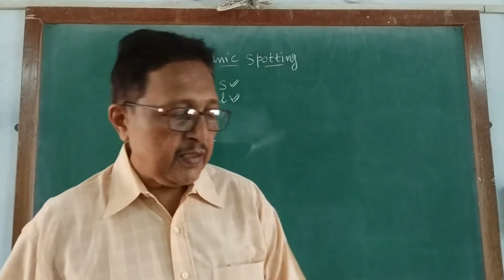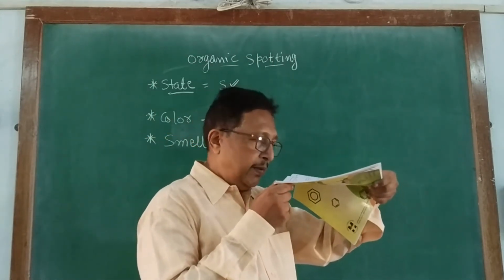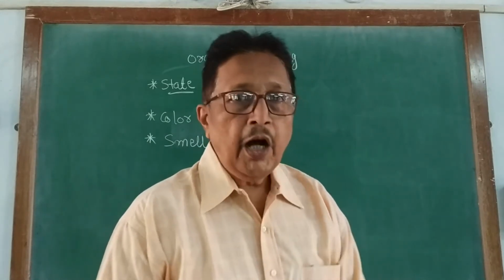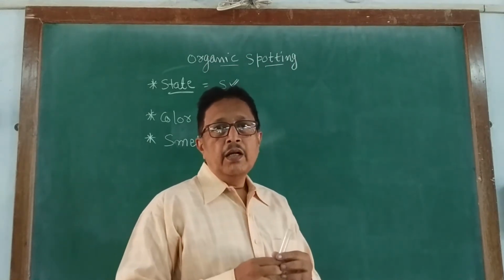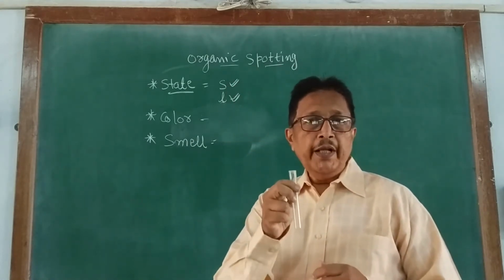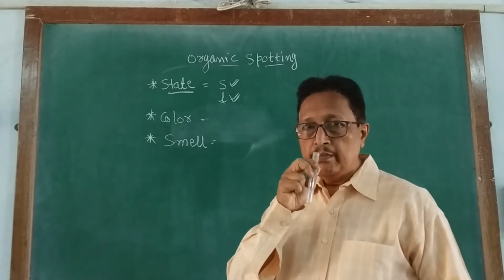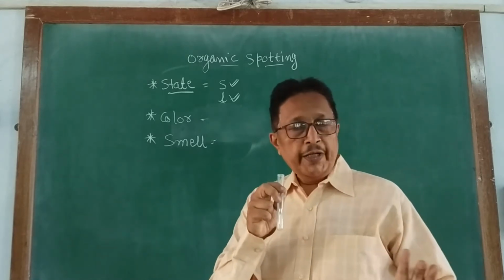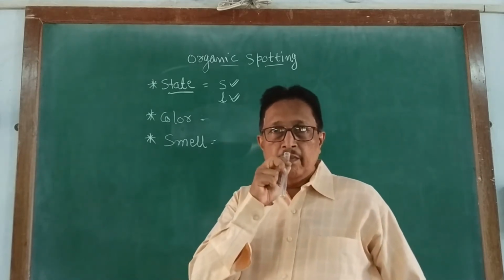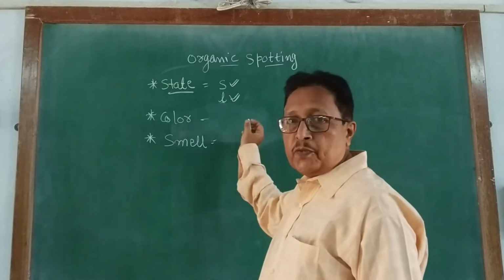Suppose your substance is given on paper, or the substance is given in liquid form, how to check? Remember one thing, you are not holding a rose in your hand. Don't smell like this. Smell slightly. And after that, check which type of smell is there.